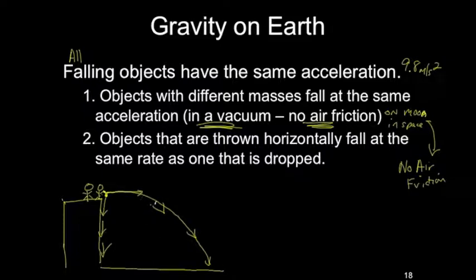So whether it's thrown horizontally, which means out, or dropped, those objects will hit the Earth at the same time, because gravity, even though it's going horizontally, is still pulling it down at the same rate as if it were pulling it straight down. Let's give another example of that.